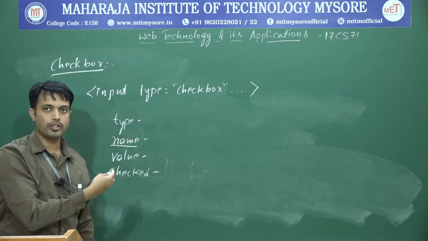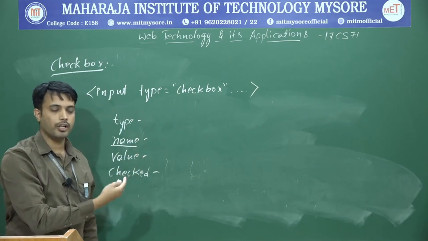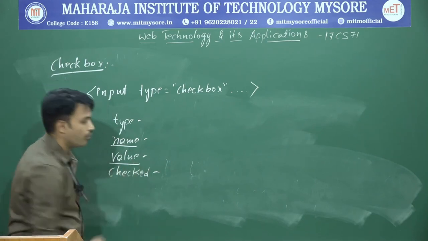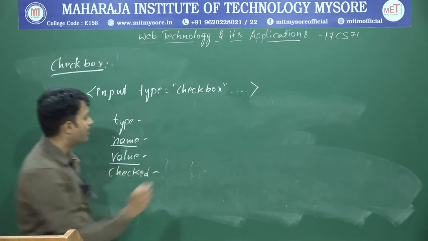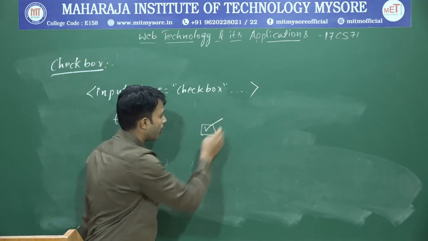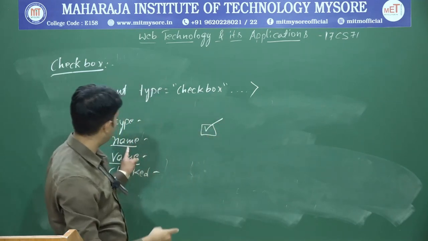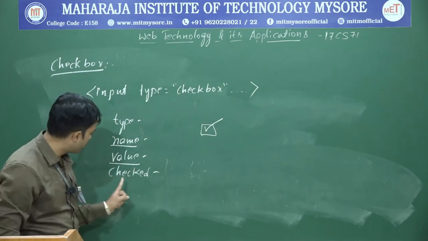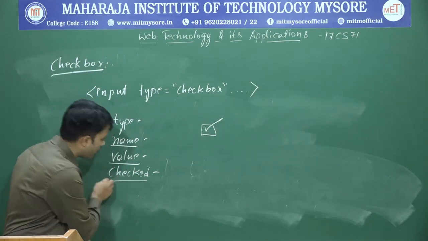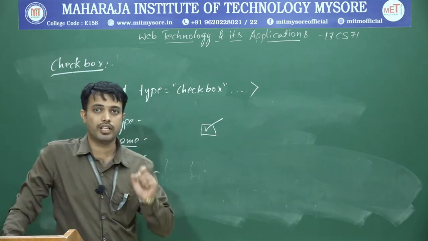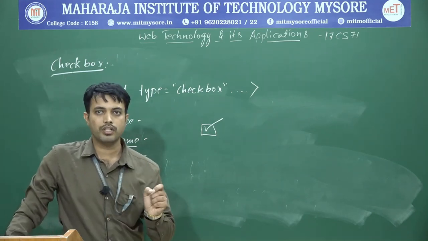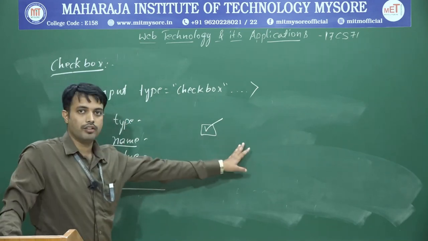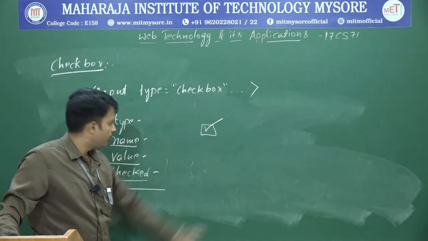Name, you all know, is the variable name where you are going to store it, and value is the value to store in this variable when that checkbox is selected. Next, we need to check whether that checkbox is checked or not. If it is checked, we select it, otherwise we leave that option.